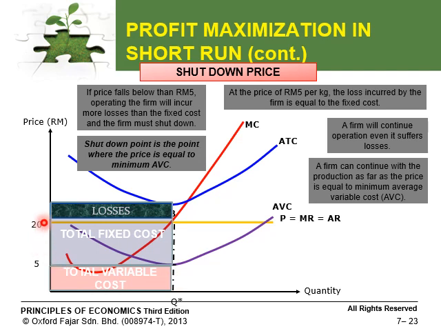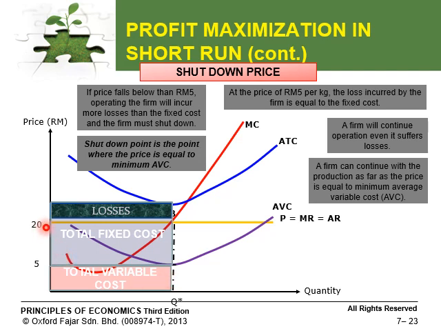Let's say your price is under the minimum average variable cost. If your price is under this level, then your firm needs to shut down in order to prevent any more losses.